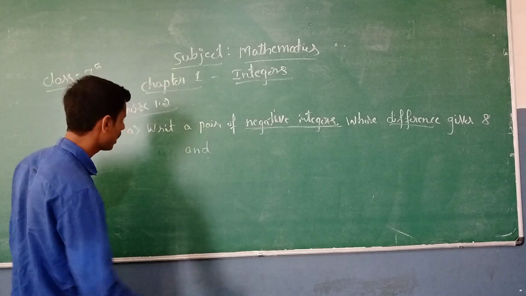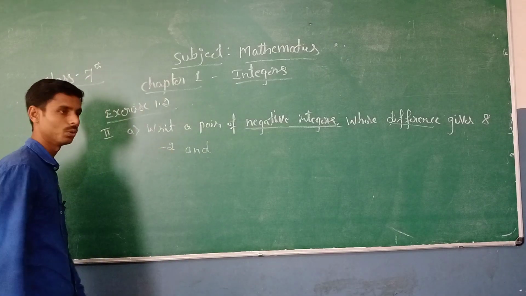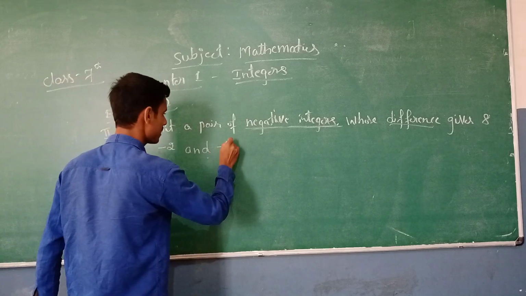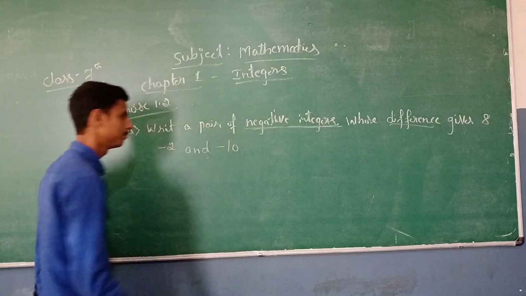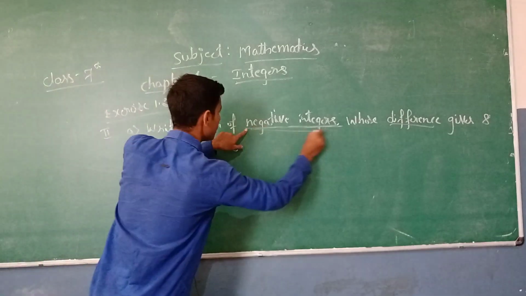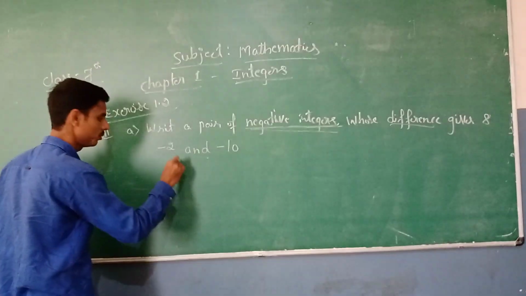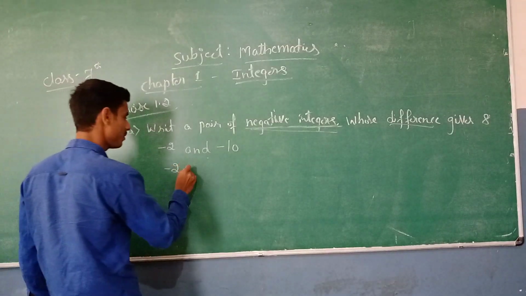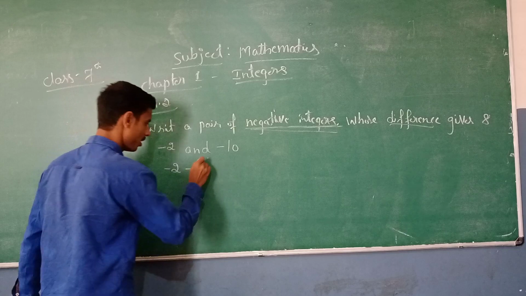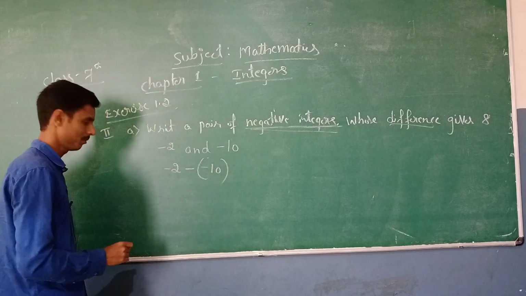So how to write it? Can we write minus 2 and minus 10? Both are negative integers, right? Let's see the difference between them. So minus 2, difference means minus of minus 10.